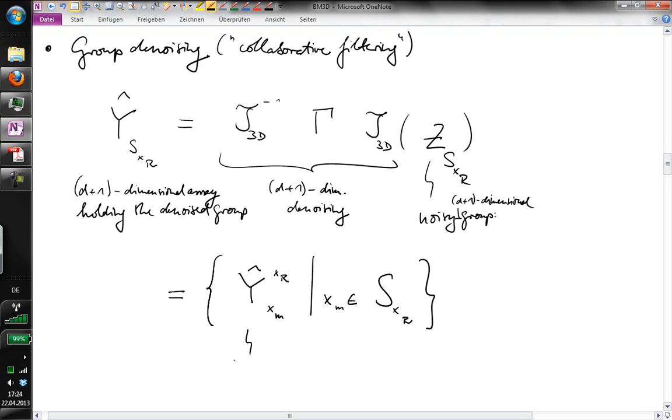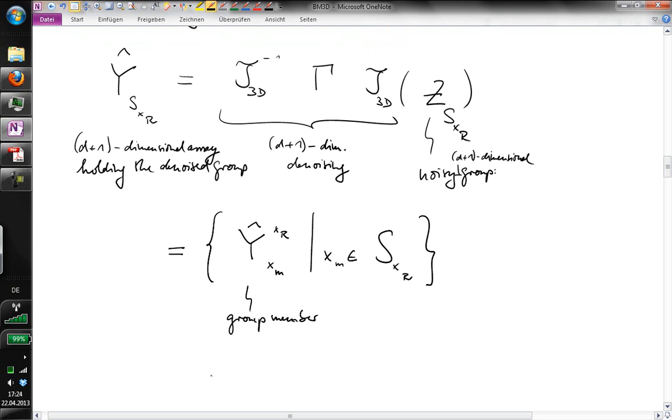So these are the group members after denoising. And to be more specific, this is the group member located at xm, but it's not enough to say where it comes from.